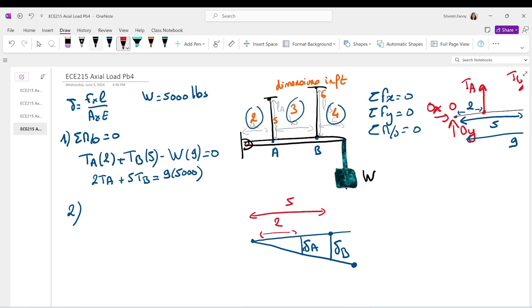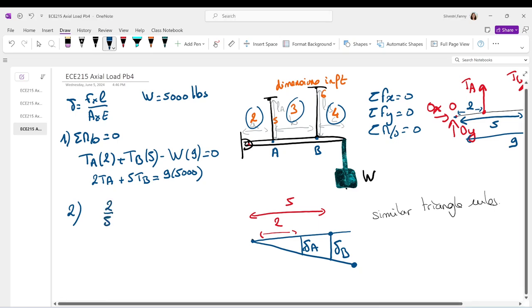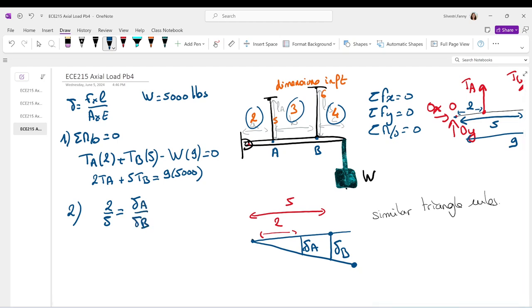With the similar triangle rule, we can write that 2 divided by 5 equals the ratio of delta A divided by delta B, because they are parallel. Remember that one? So we can write that 2 delta B equals 5 delta A.